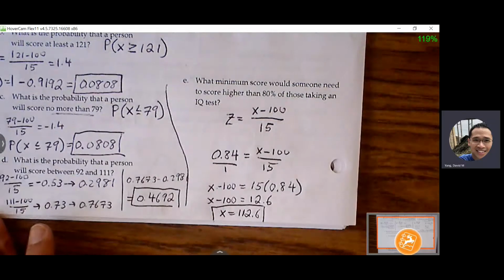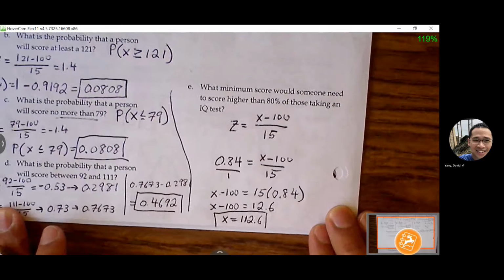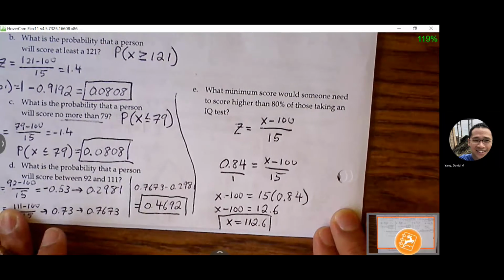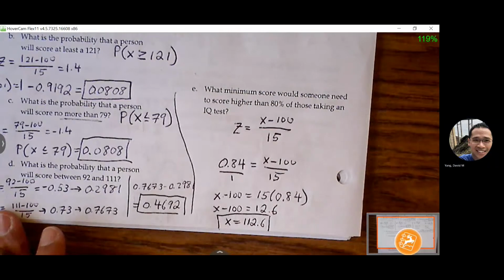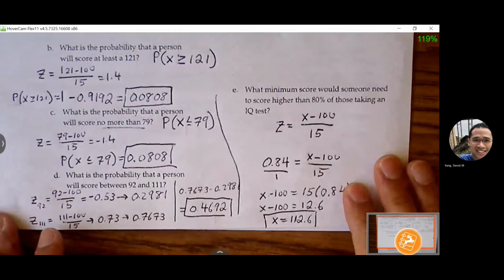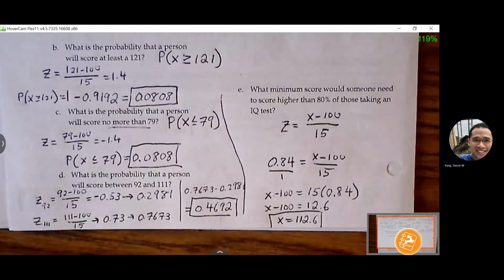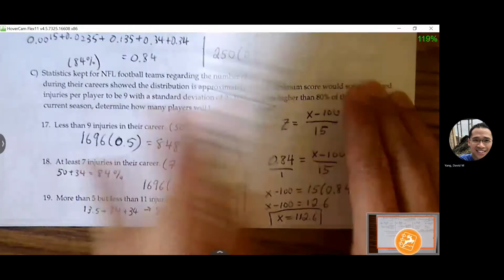Around 84% would be, yeah, 112.6. All right, let me check pages 19 and 20.